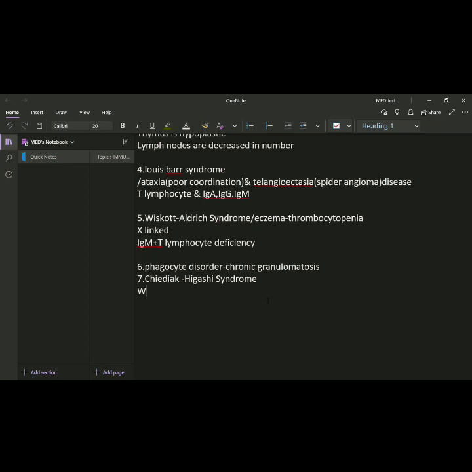There is white blood cell function defect due to phagolysosome failure.